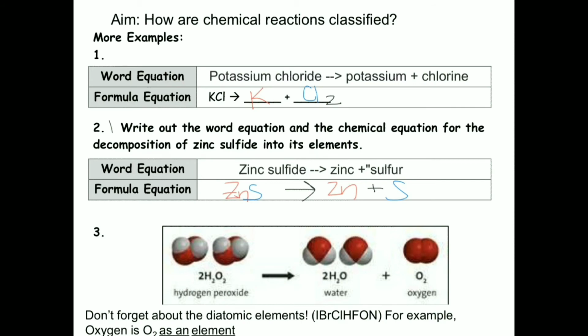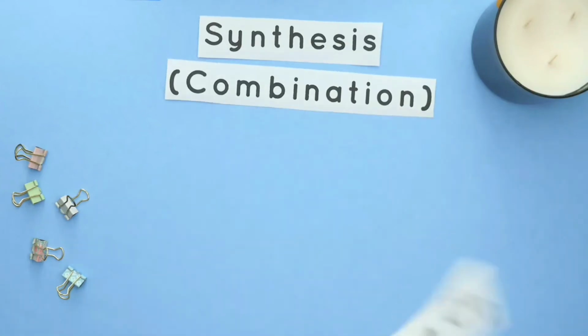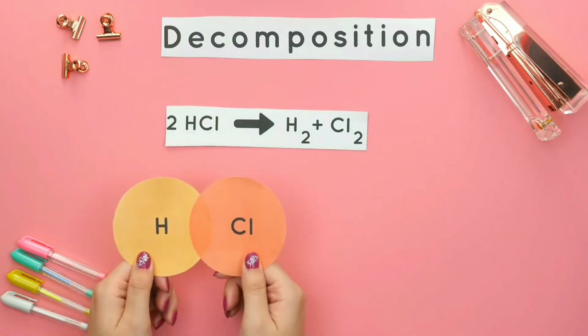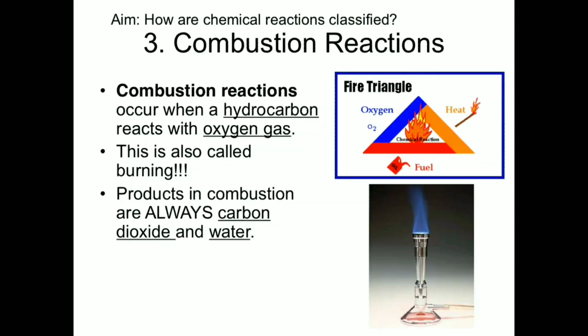The most important thing to remember is to make sure that diatomic elements are followed by a subscript of 2 in their elemental state. Now if we flip this synthesis reaction, you'll see it's now a decomposition reaction, because in a decomposition reaction, you have one reactant that is being broken apart into multiple products.